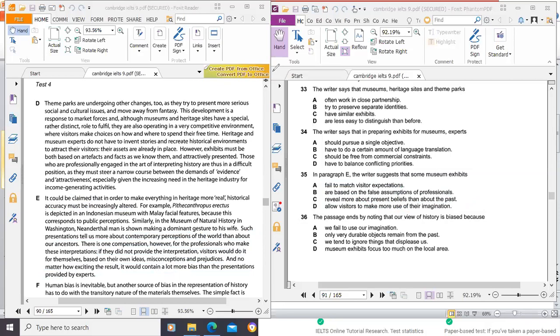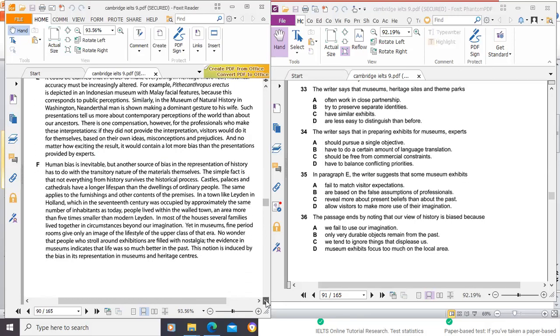Now, in making sure that you know where you are going, they talk about, quickly look at the end. The passage ends by noting that our view of history is biased because... So now for me, I won't want to read through the whole paragraph F, because the passage ends, then it must end with something.